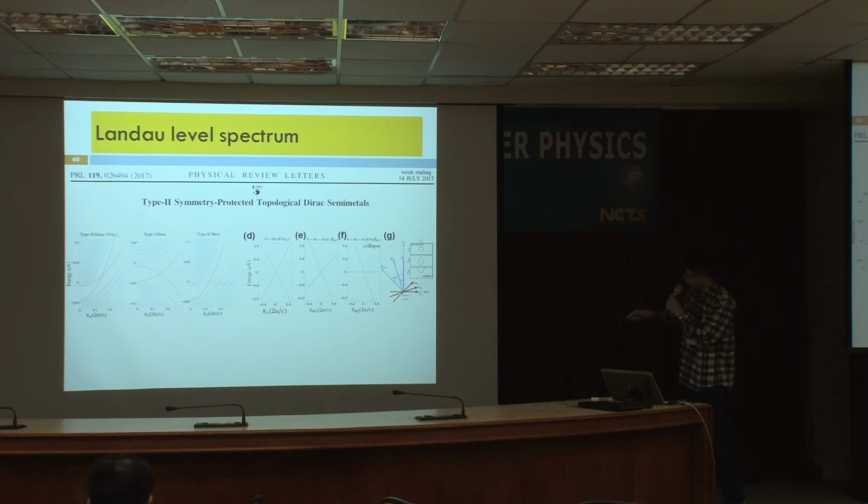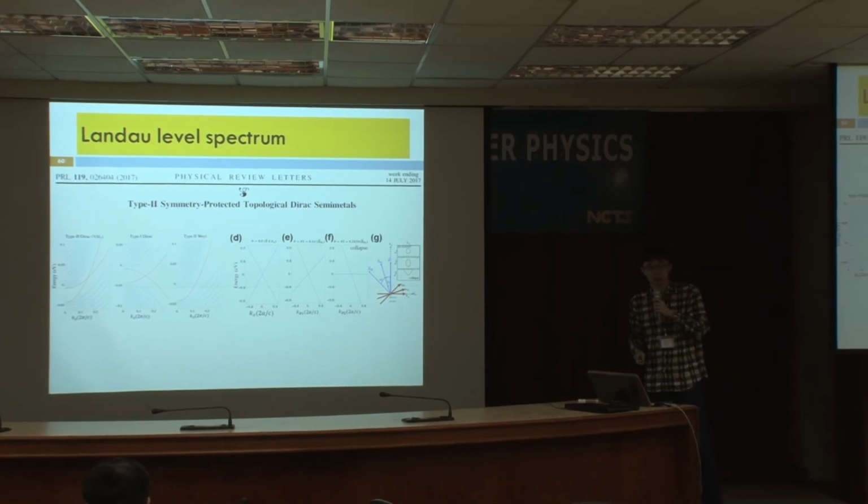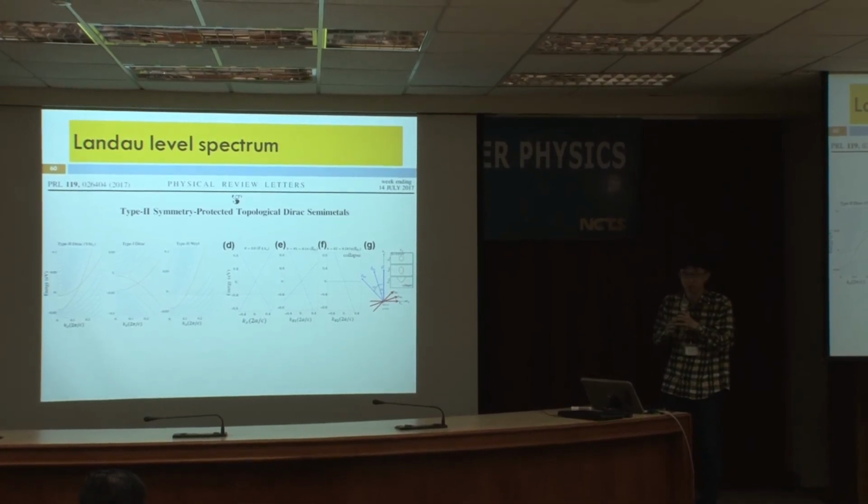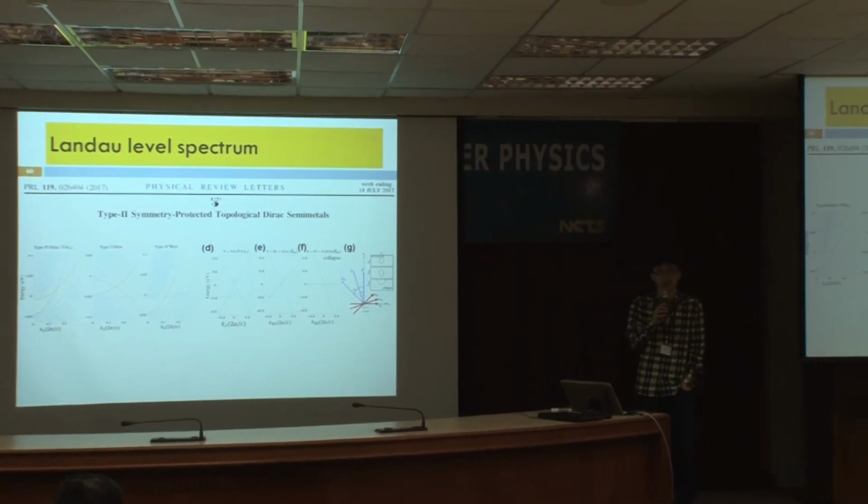At a critical point, the Fermi surface will become an open curve, so all the Landau levels collapse. In this case, the carrier density will be very, very high, so we can observe this effect in experiments. Also, maybe you will see some signatures from the Landau levels.